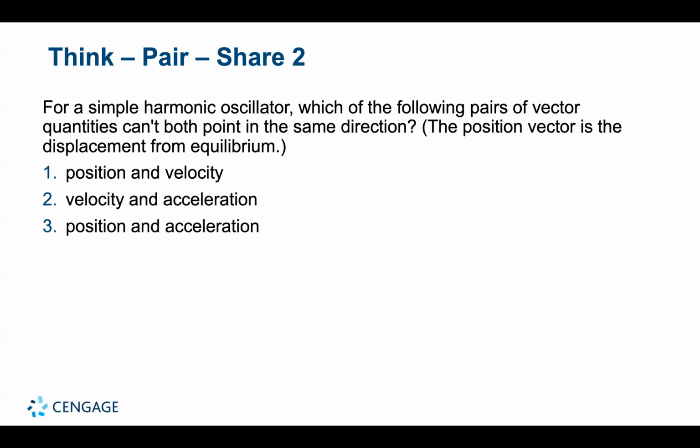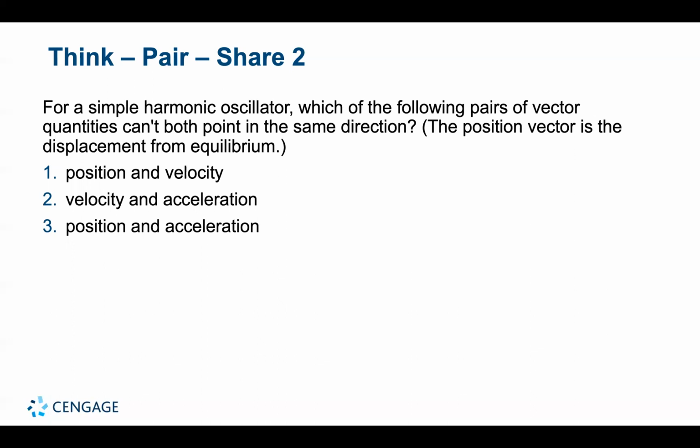For a simple harmonic oscillator, which of the following pairs of vector quantities can't both point in the same direction? The position vector is the displacement from equilibrium. And so the answer is position and acceleration.